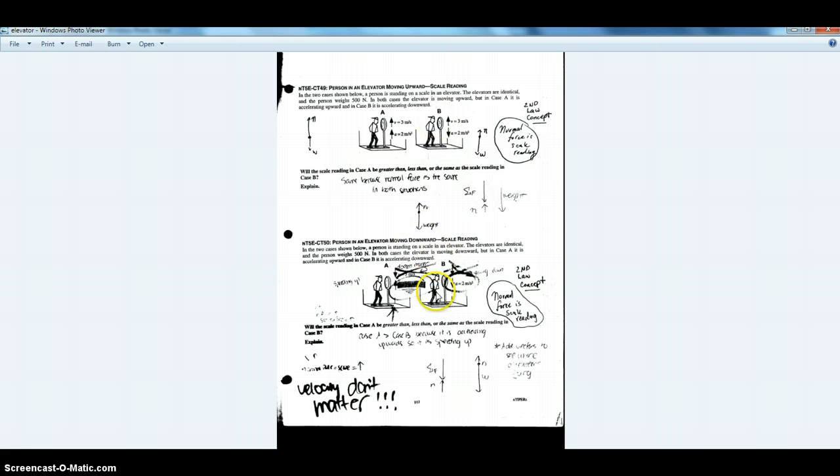Now we have the same thing moving downwards, but it's still going to be the exact same situation. But I accidentally, I forgot to cross my answer out. I initially said case A is greater than case B because it's accelerating upwards, so it's speeding up. But that was before I learned that it should be the same because the normal force is the same in both directions.